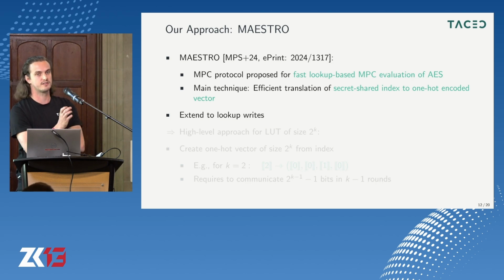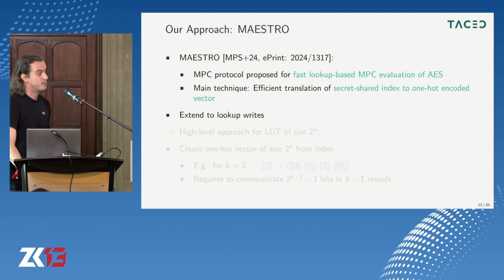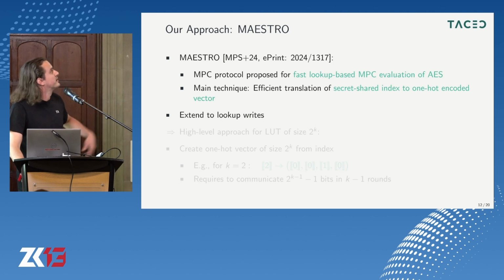The main point of this protocol is how you can efficiently turn your secret shared index into a one-hot encoded vector, so that you get a vector of secret shares where only the ith value is a 1, and the other ones are 0. We used this protocol and implemented it for reads and also extended it to lookup writes.